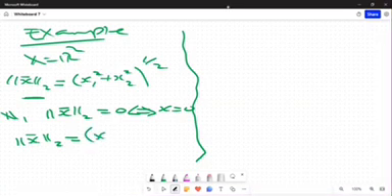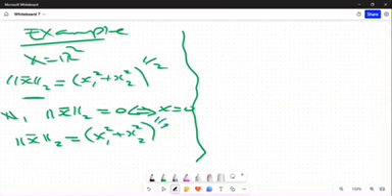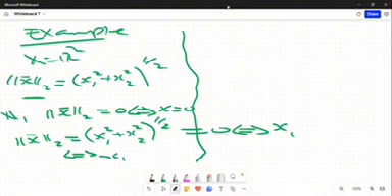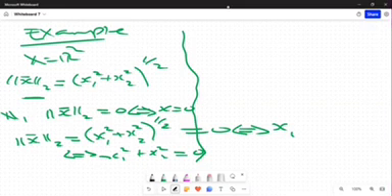It's defined as x1 squared plus x2 squared, everything to power half. Now, this is equal to 0 if and only if the whole of this is 0. In other words, if and only if x1 squared plus x2 squared is equal to 0.